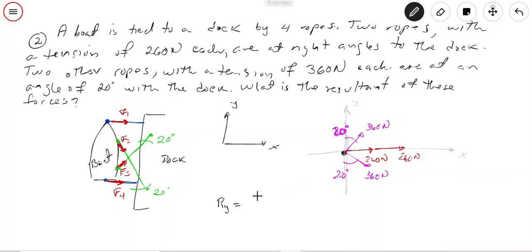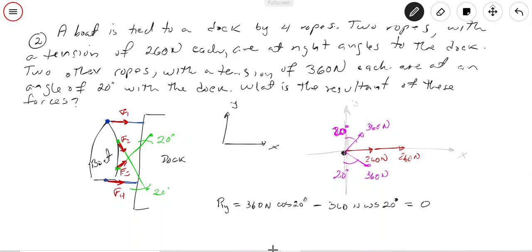I have 360 newtons cosine of 20 degrees, positive because the component is going to point up, minus 360 newtons cosine of 20 degrees, because the y component of the other force is in the direction of the negative y-axis, with exactly the same angle for both. So it's evident that the resultant in y is equal to 0.